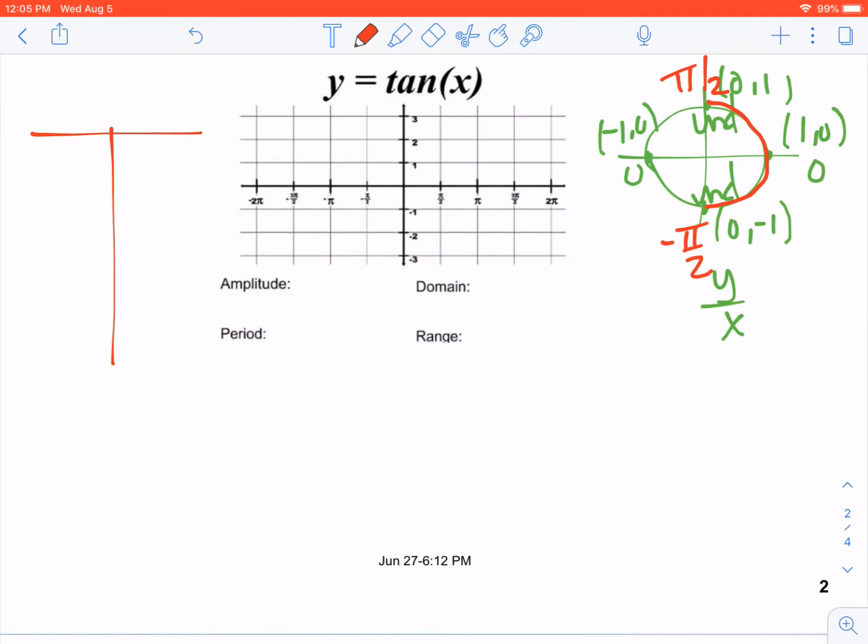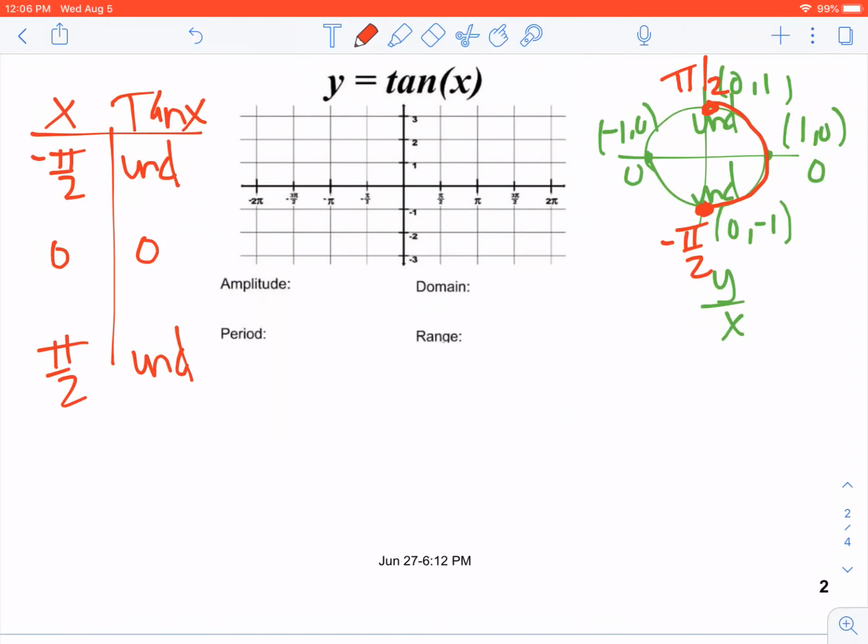So I have x and tan x, and I'm going to start with negative pi over 2 because that is going to be an asymptote. That's going to be undefined. And I'm going to end with a positive pi over 2 because my tangent is undefined there as well. I'm going to pick 0, obviously, in the middle because it makes it symmetric.